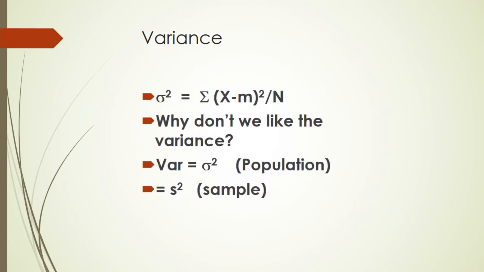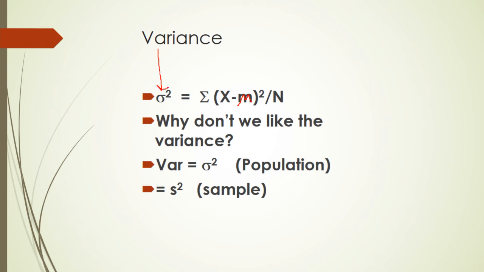So what we're going to do, and again, here are the details for those of you that are detail people, and this is a mu, not an m. Sigma squared equals the sum of x minus mu squared over n. So sigma squared is the variance.